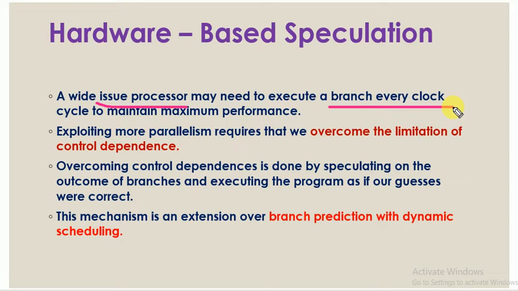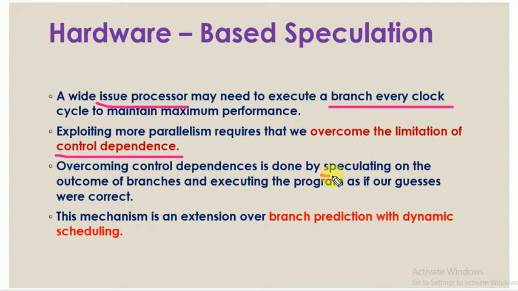Exploiting more parallelism requires that we overcome the limitation of control dependence or branch hazards. Overcoming control dependencies is done by speculating on the outcome.